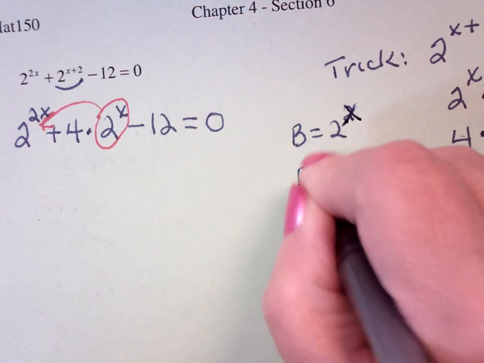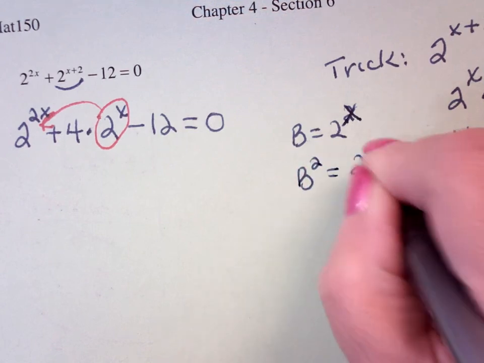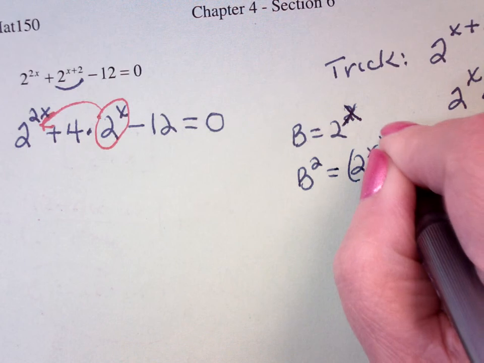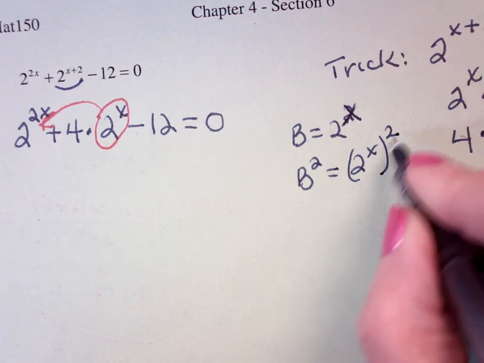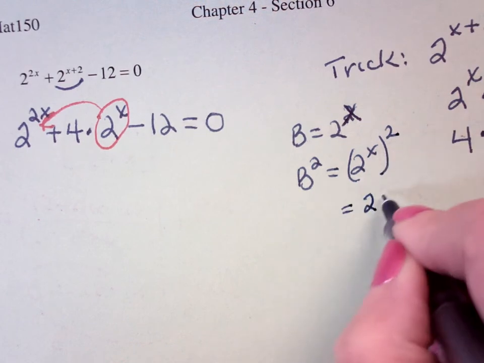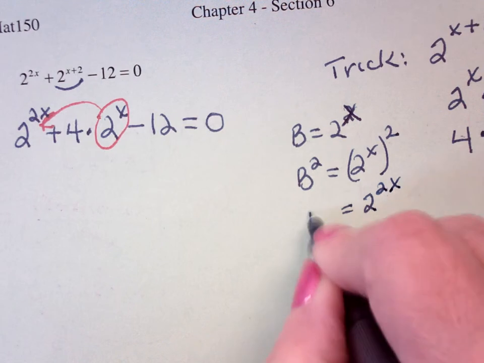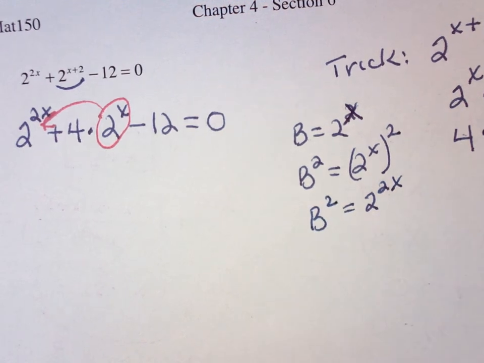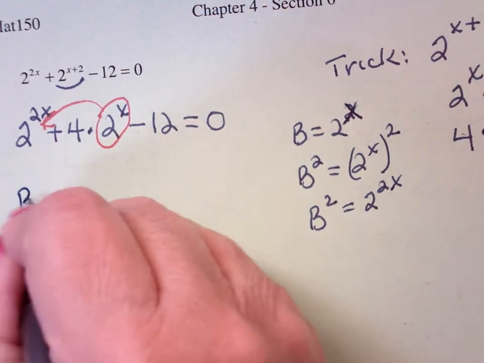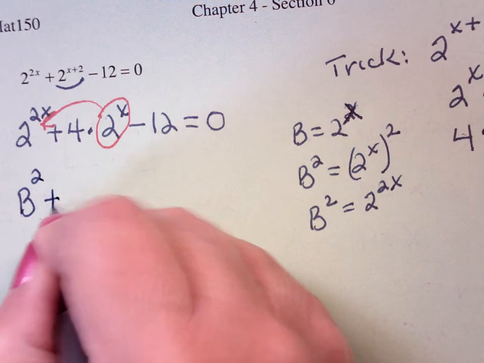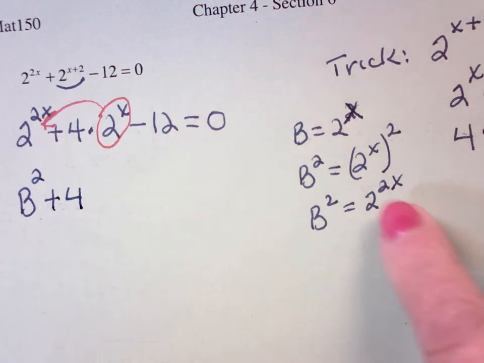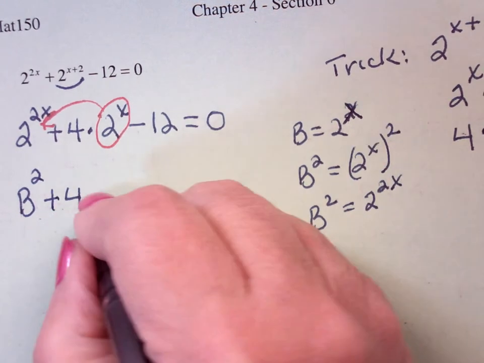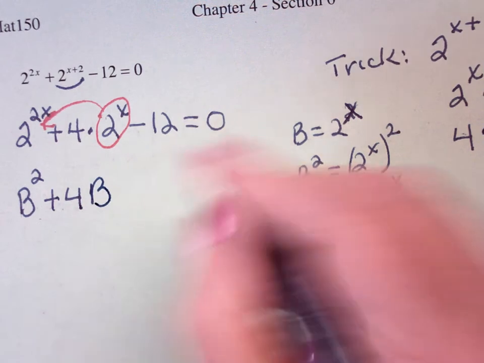Then I'm going to square both sides. Property of exponents would say this is 2 to the 2x. That says wherever you have a 2 to the 2x, you put b squared plus 4. Wherever you have 2 to the x, you're going to put a b.